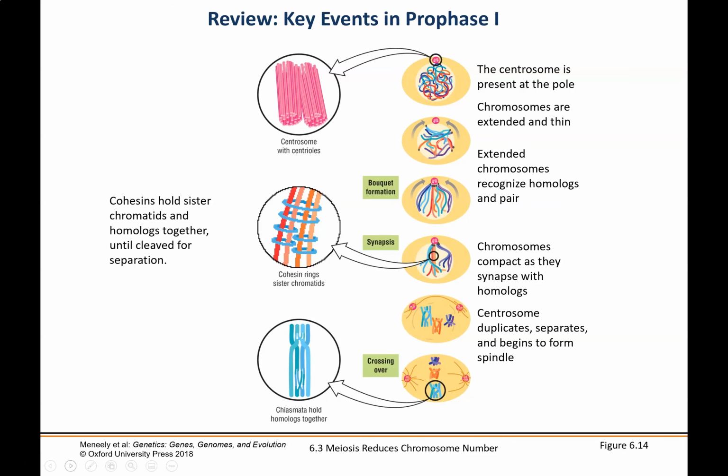So in prophase 1, we need those centrosomes to recognize and pair our homologs. Then we need that synapsis to occur by these cohesin rings that help hold them together, and by those proteins in between those synapse proteins that are holding those sister chromatids together. And then in the last step, we are actually going to perform that crossing over.